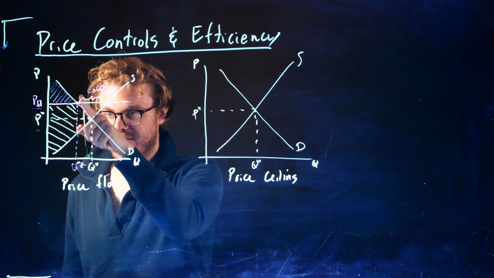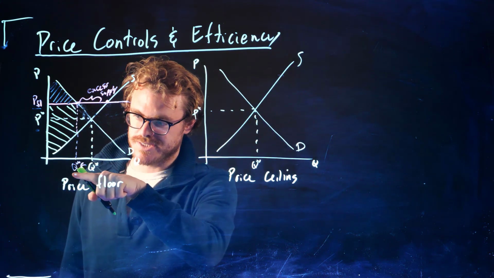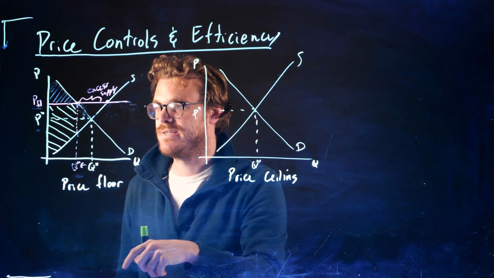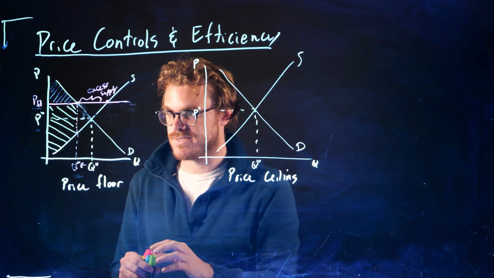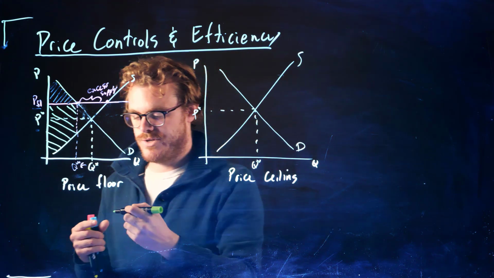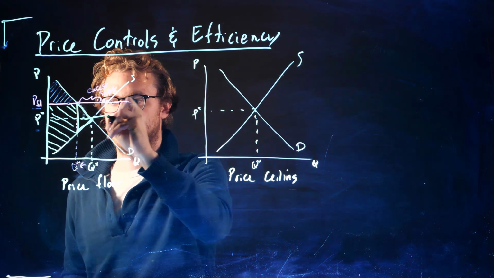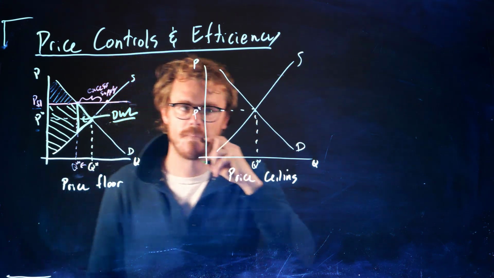Notice I'm stopping at this purple line because we can only get surplus on the amount of units we sell or buy, right? That is actually exchanged on the market. So these two areas together are total surplus, which means that this rectangle here is the deadweight loss.